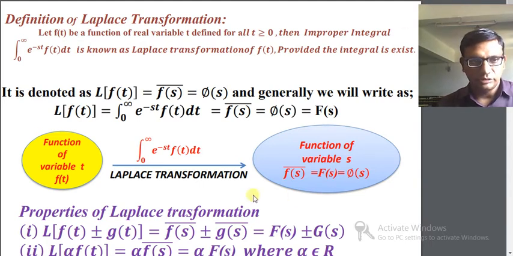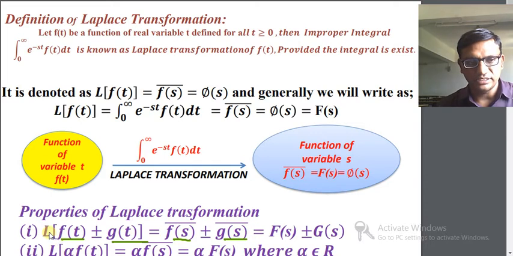Let us see some linear properties of Laplace transformation. Here Laplace of f(t) plus or minus g(t) is equal to Laplace of f(t) plus or minus Laplace of g(t). We can separate the Laplace and then evaluate that. We get f bar s as the Laplace of f(t) and g bar s as the Laplace of g(t).